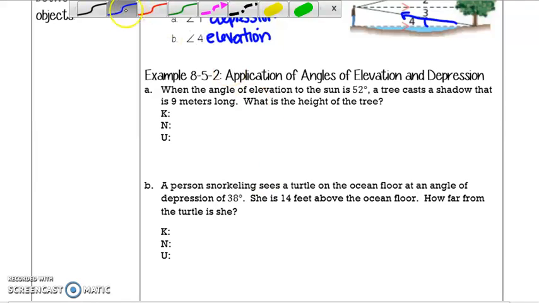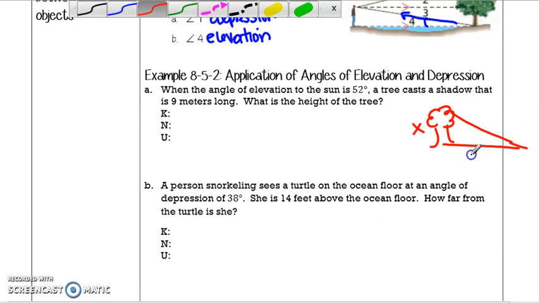So we're going to use the same approach that we did before: what we know, what we need, and what trig ratio we're going to use. Let's draw a quick picture to help us. We have a tree casting a shadow, and we are going to figure out the height of the tree, x.